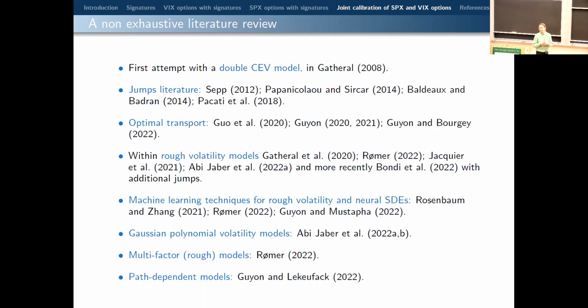Then many rough volatility models have been calibrated to that, by Gatheral, Mathieu Rosenbaum, Romer, Jacquier, Abi Jaber, Bondi. Then many machine learning approaches were used to calibrate these models, and also neural SDE models. And recently Gaussian polynomial volatility models by Abi Jaber, multi-factor rough models by Romer, and path-dependent models in a somewhat different sense by Guyon. Again, I'm sorry if I forgot somebody.